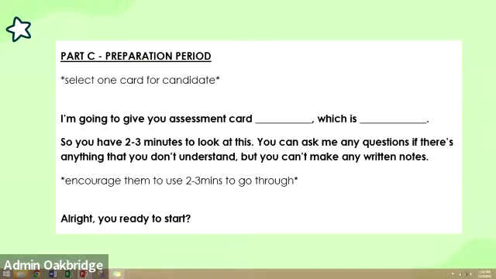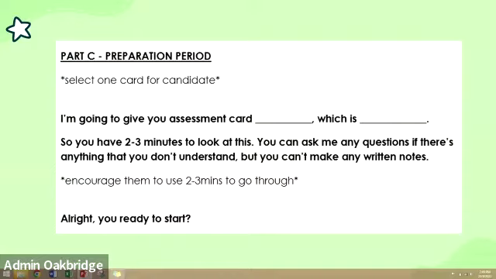There is also a stopwatch. The durations are very important because the stopwatch keeps count of the time. It will always be counted. For this part C, 2 to 3 minutes is allocated. You are encouraged to use the entire 2 to 3 minutes to go through the topic card and all the prompts stated in the card.